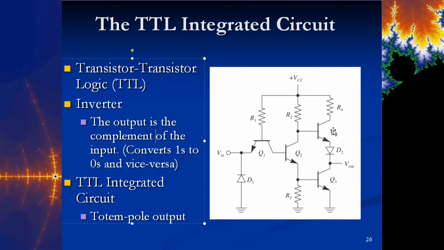If Q4 is on, that means it's going to short between here and here, and it's going to output to here because this one is turned off. If Q4 is off and Q3 is on, then it's going to sink the signal back through here to ground. That's how you would get a high or a low.